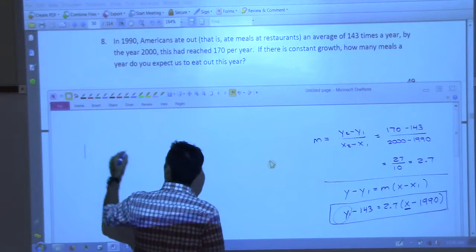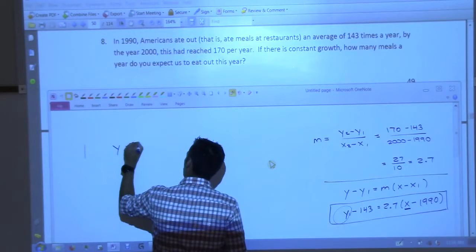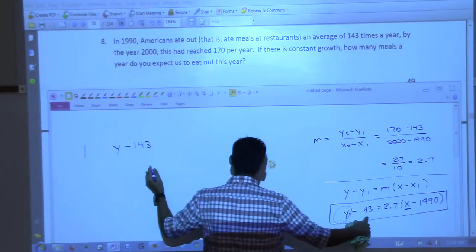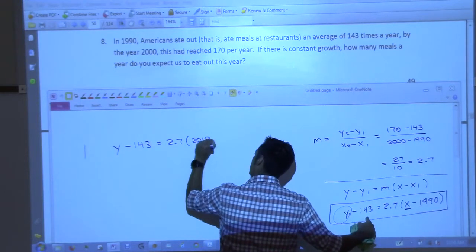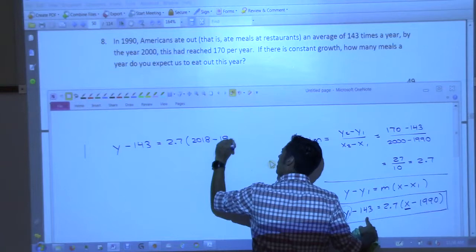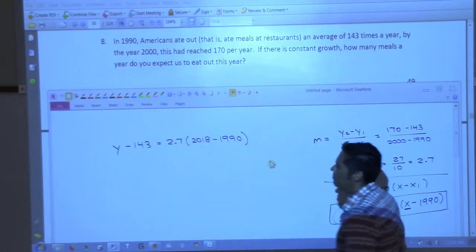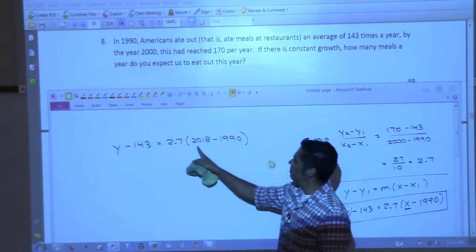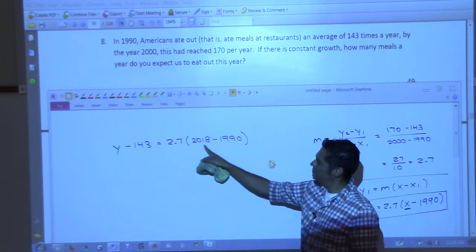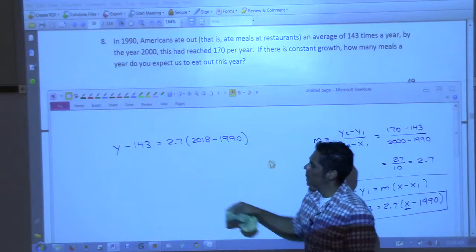Okay, here we go. y minus 143, just rewriting this, equals 2.7 times 2018 minus 1990. And I'm solving for y. So I'm just going to do this subtraction. Is that 28? Yes.